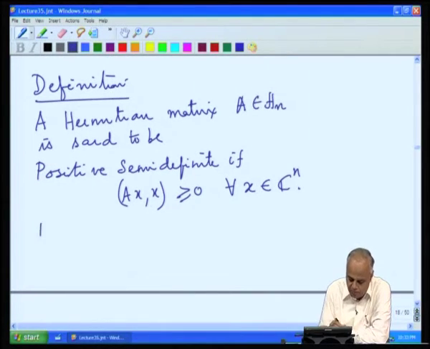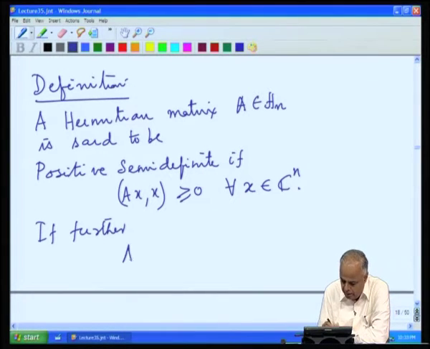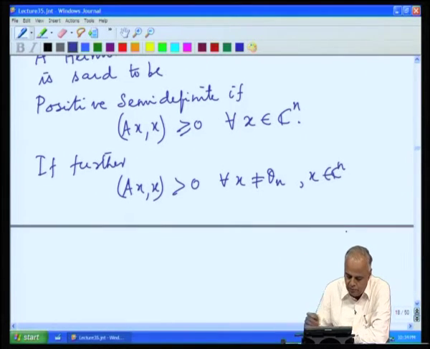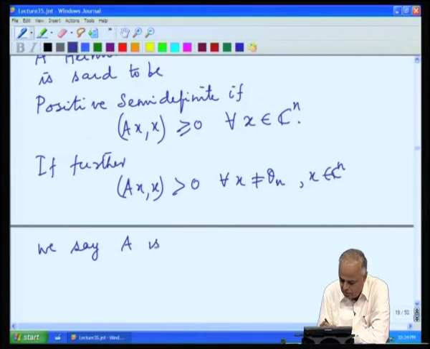If further A x comma x is strictly positive for every x not equal to theta n, x belonging to C n, we say A is a positive definite matrix.